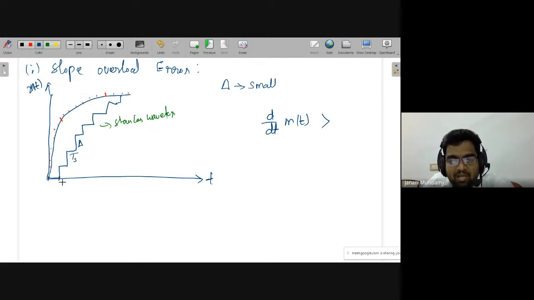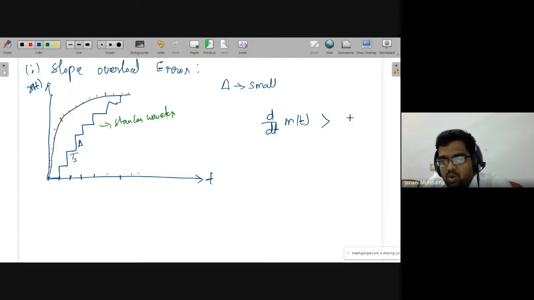Because every sample I will be observing, on each and every sample, whether there is a change or not, positive change or negative change. If it is positive change, I will keep on increasing that staircase waveform. So y-axis variation is delta. X-axis variation is Ts, that means sampling interval.